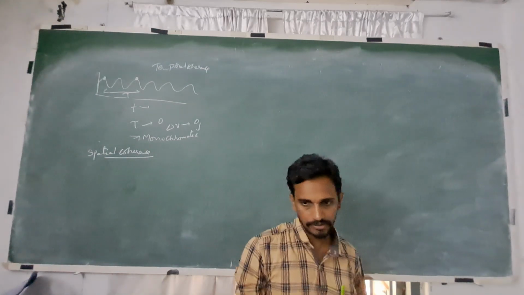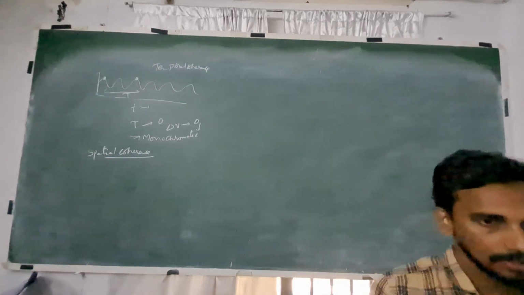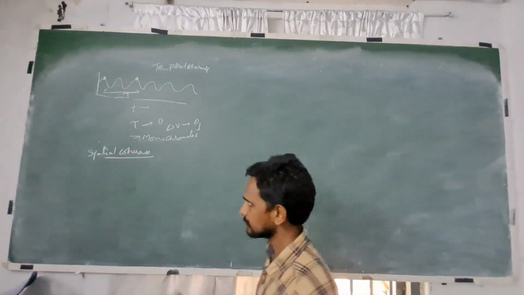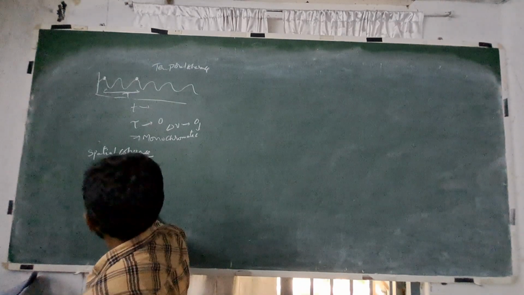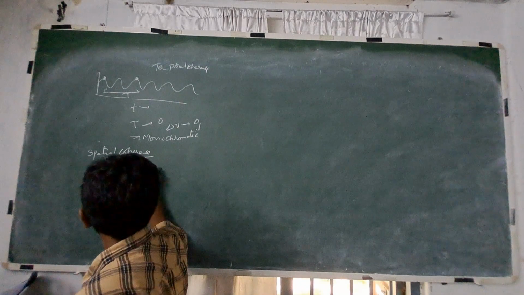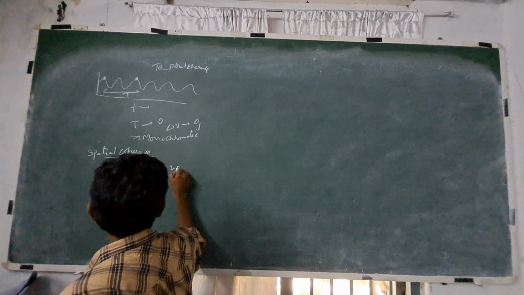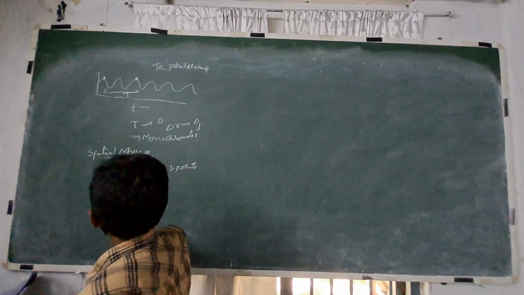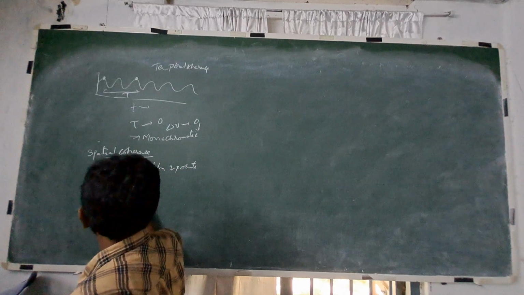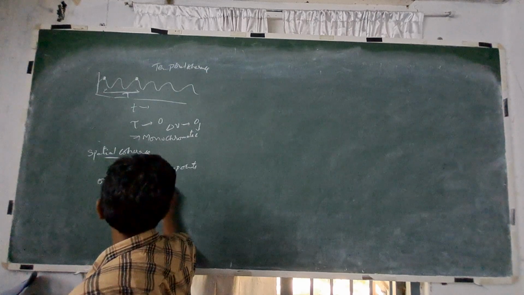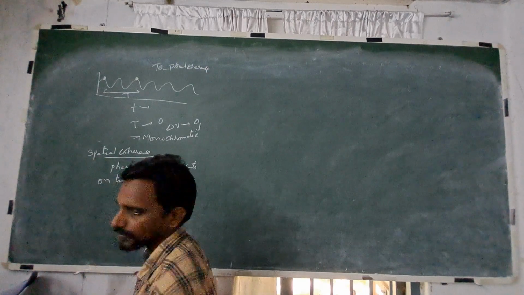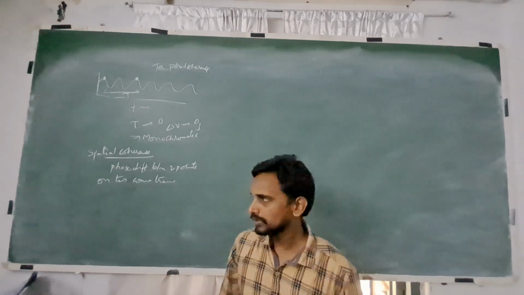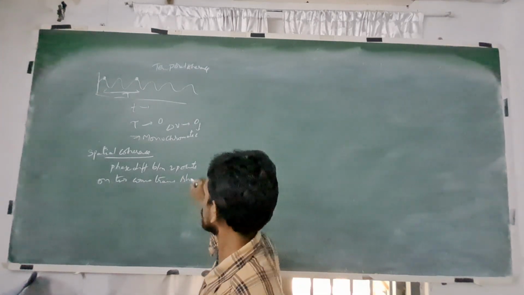For spatial coherence, we consider 2 points on 2 different wavetrains. The phase difference between two points on 2 wavetrains should remain constant.